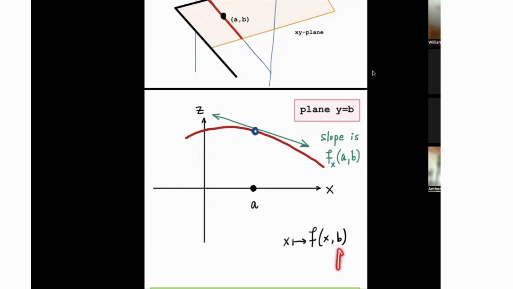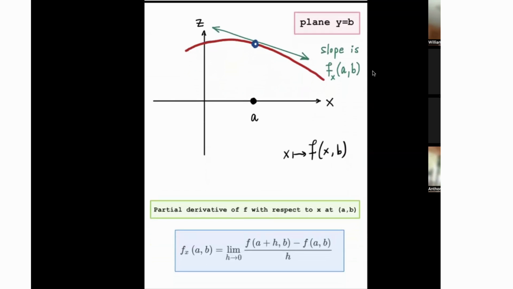The y coordinate is never changing, so this is really just a function of one variable x, and because b never changes, we just want to calculate the derivative of that function. So all of this basically is background for why we choose this as the partial derivative of f with respect to x at AB. So this is our definition.